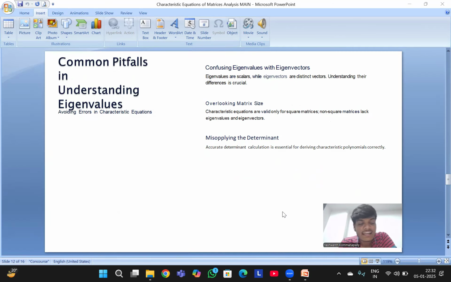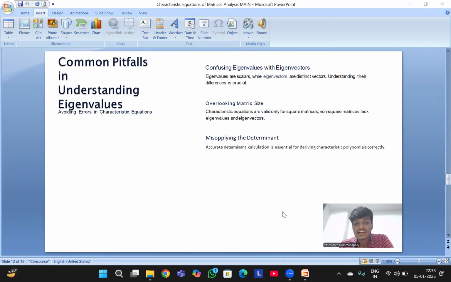Common pitfalls in understanding eigenvalues. There are some common pitfalls. First, confusing eigenvalues with eigenvectors. Eigenvalues are scalars while eigenvectors are distinct vectors. Understanding the differences is crucial. Sometimes we get confused about that. Okay. Overlooking matrix shape: characteristic equations are valid only for square matrices.